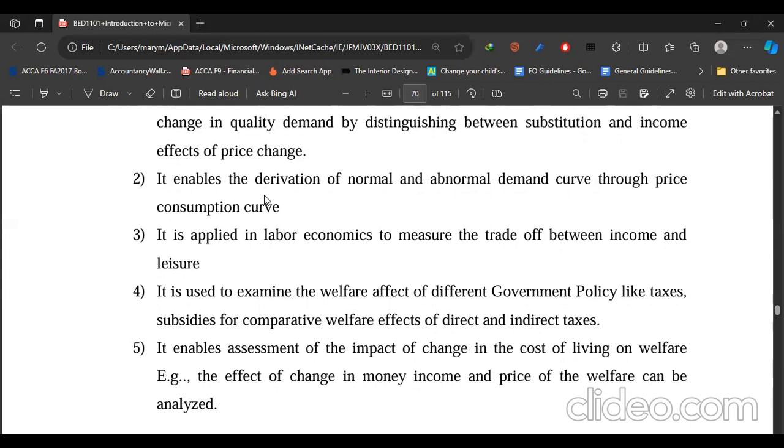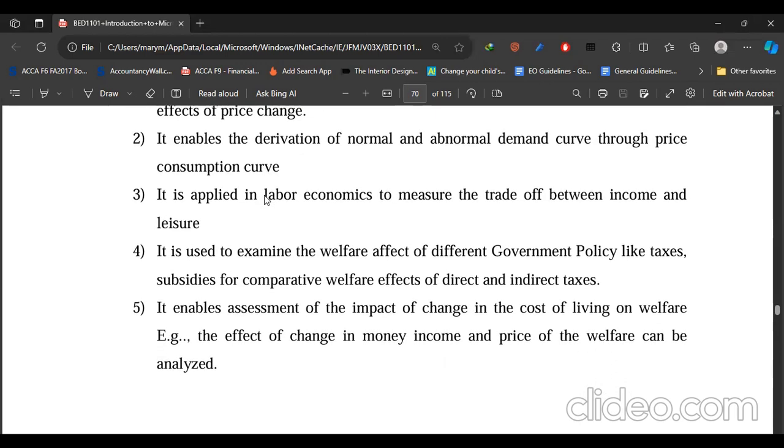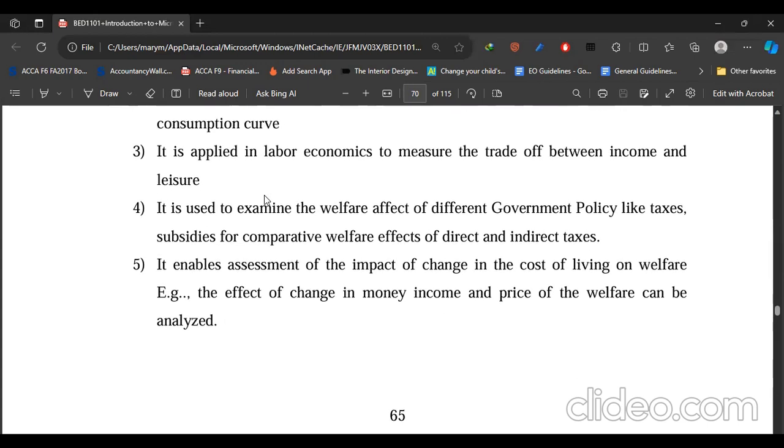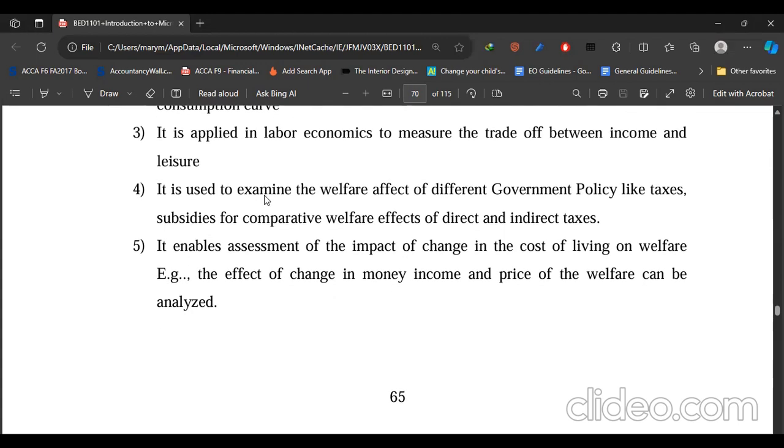Then the other one, it is used to examine the welfare effect of different government policies, like taxes and subsidies, for the comparative welfare effect of direct and indirect taxes. Then number five, it enables assessment of the impact of a change in the cost of living on welfare.